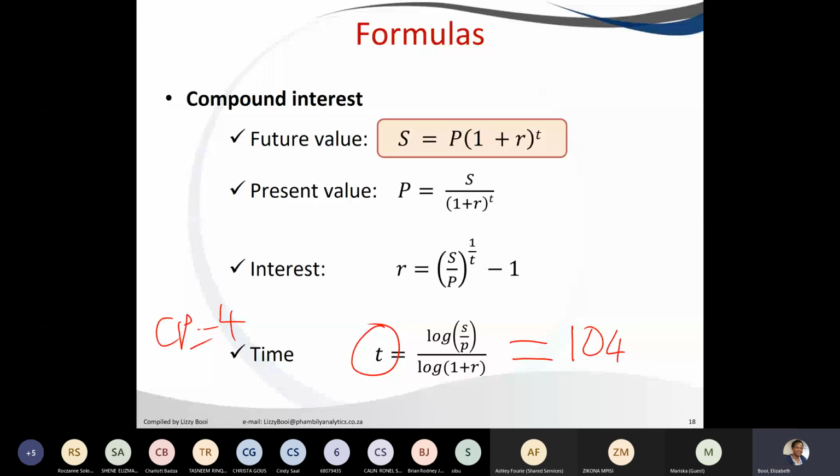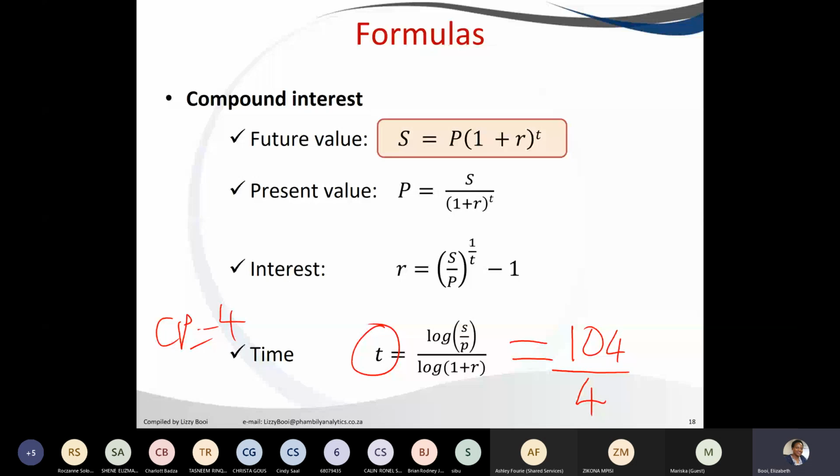You will need to go back and divide by 4 so that you can take it back to a year. Usually they might ask, what is the period in years? But the answer you get for T will be in quarters. In order to get it to years, you will have to divide it by the compounding periods.